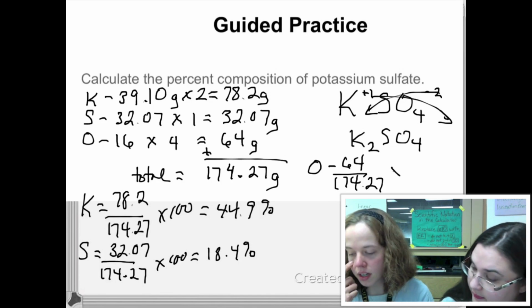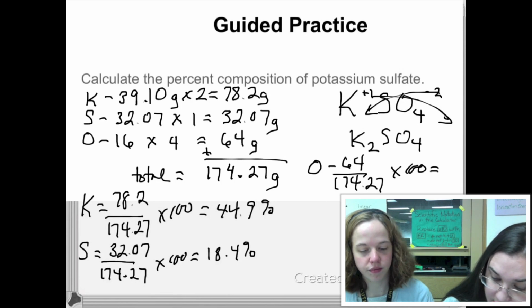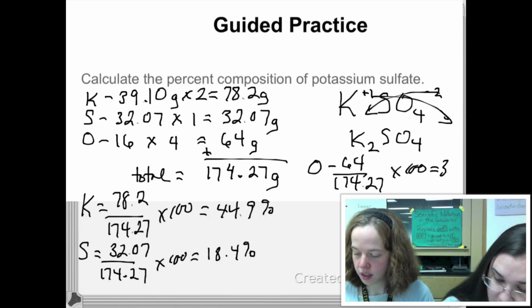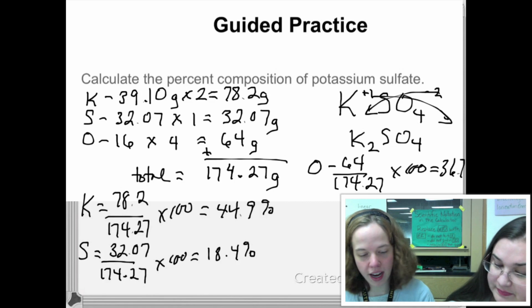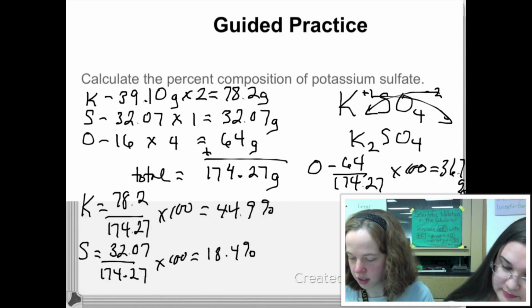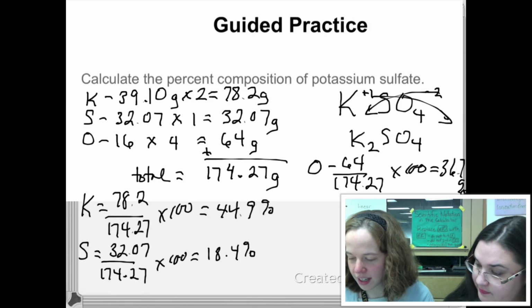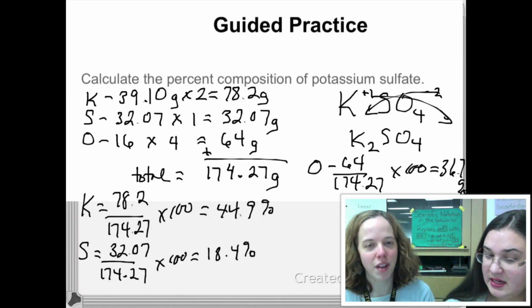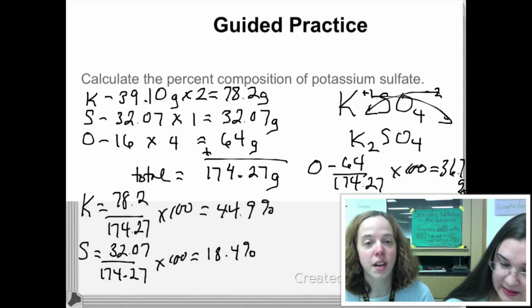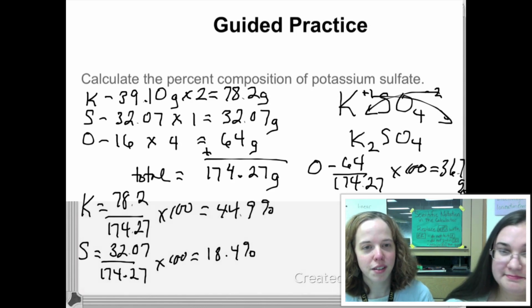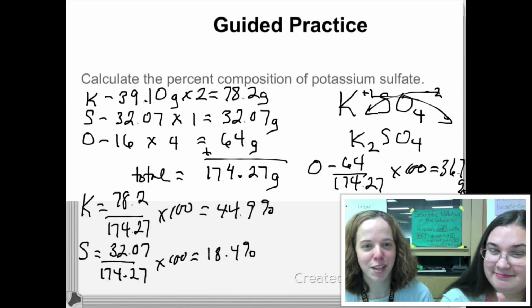And so that's going to be 36.7%. All right, and so if we add 44.9 plus 18.4 plus 36.7, we get 100%. So now you can move on to your practice on this. Not so bad.